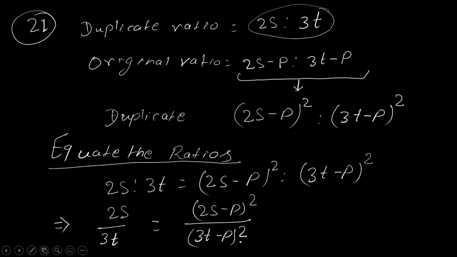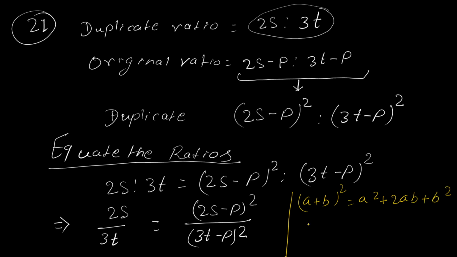That is again your fifth standard formula. Beta, if somewhere it is a plus b whole square, then it will be a square plus 2ab plus b square.